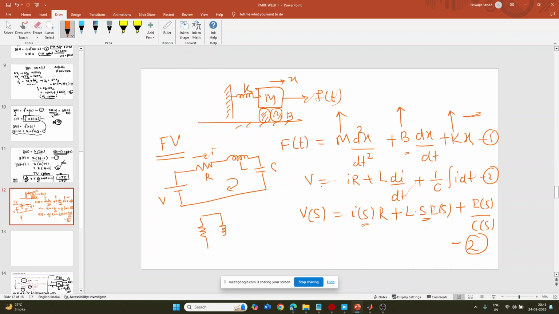This is R, this is L, and this is C, with some potential V. Apply KCL: some current IR flows here, IL here, and IC here. The sum of all the currents at that node equals 0. Solve this with the Laplace transformation and equate it to equation 1, and you will get the relation between the force and current analogy. So don't remember it by heart; do this exercise, and you can easily relate the force-voltage analogy and the force-current analogy.